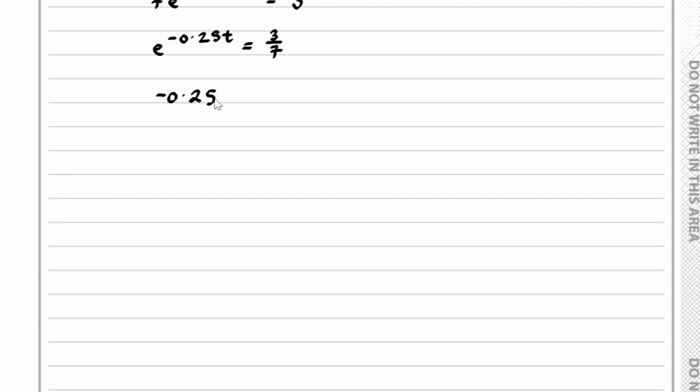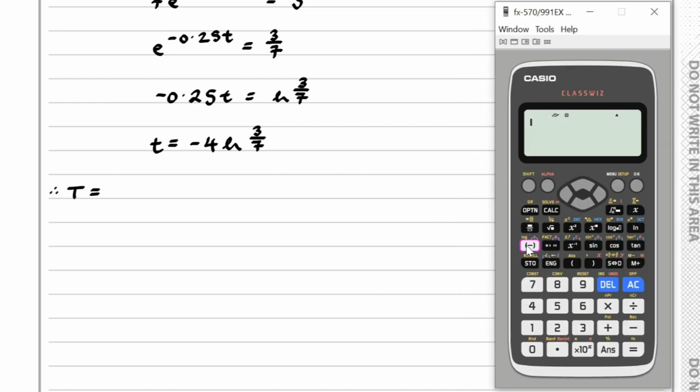Minus 0.25t equals the natural log of 3/7. So t equals minus 4 times the natural log of 3/7. And so therefore t equals minus 4 times the natural log of 3/7, which is 3.39 months.